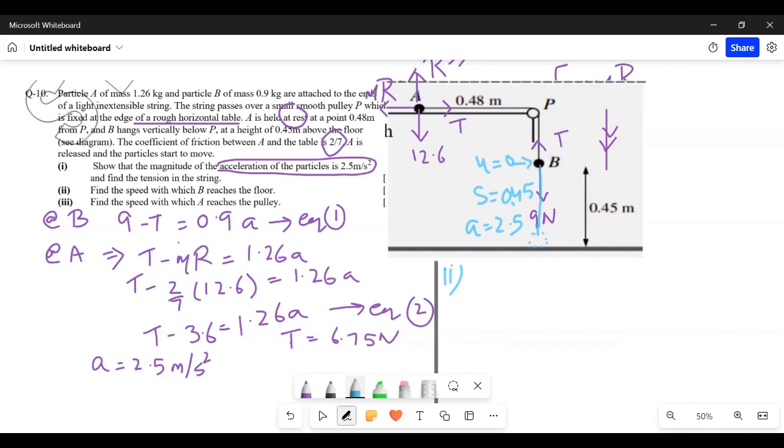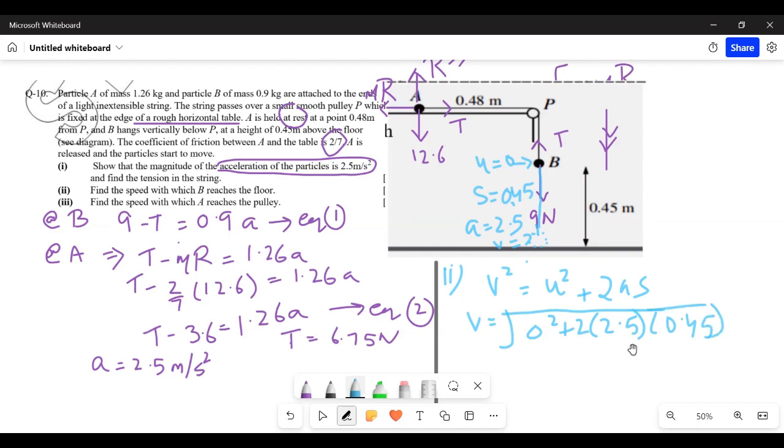Now we need to find V, the velocity right before it hits the ground. So we can use V squared equals U squared plus 2AS. V equals square root of 0 squared plus 2AS, which gives 1.5.